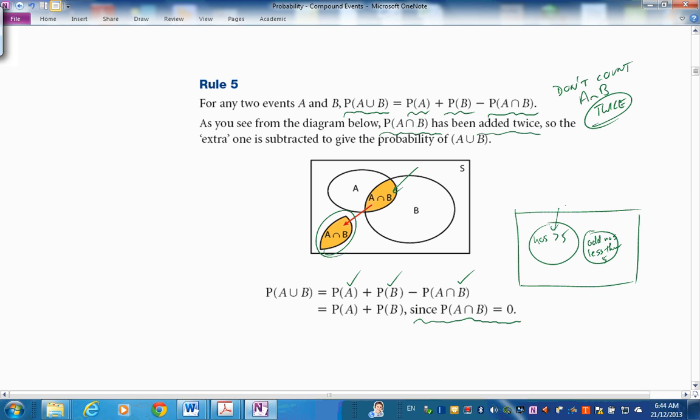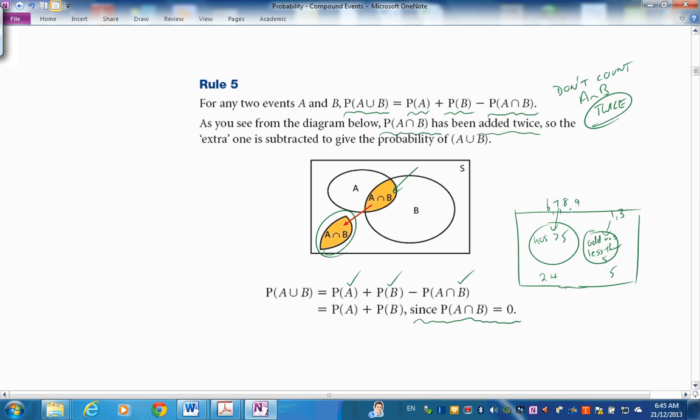So this would be 6, 7, 8, 9, like set B from before. This would be 1 and 3 only, and 5 is an odd number, but it's not less than 5, so 5 would be out here. And what else would we have? 2, 4, 6, 8. I think that covers it all. Oops, no, 6 and 8 are in that set B. So we'd have 2 and 4.